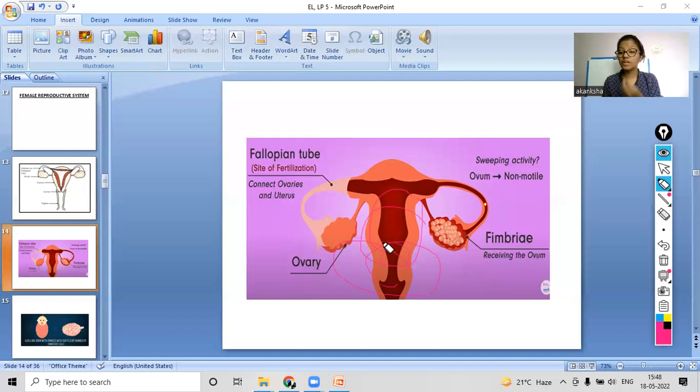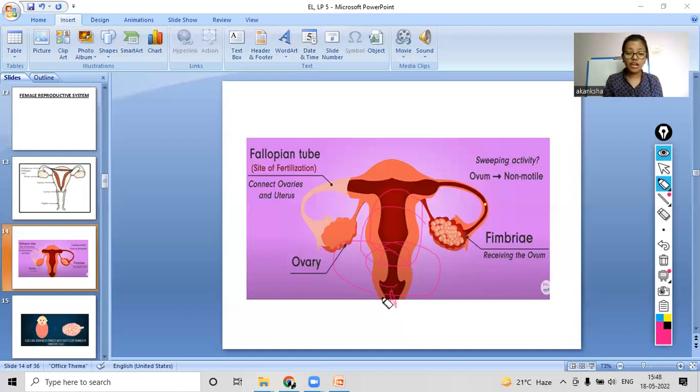The sperm from the male reproductive organ enters through this vaginal passage. During sexual intercourse, the sperm enters the female reproductive system through the vaginal opening.